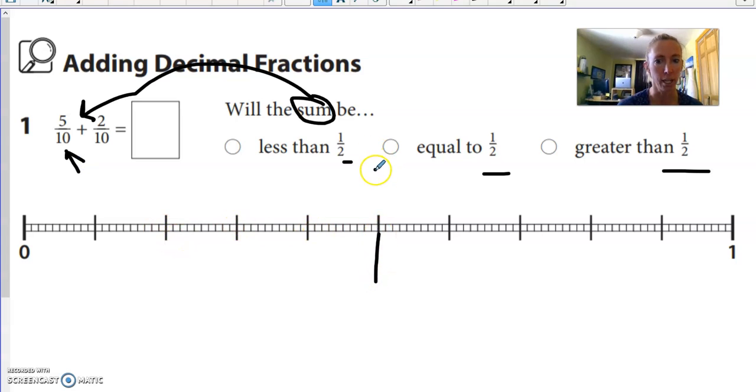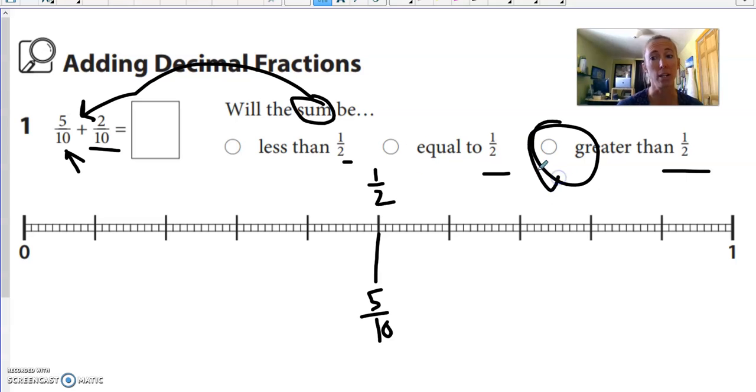And 5/10 is actually the same thing as half. That's half a dollar. That's 50 hundredths. And I'm going to be adding to that 2 more tenths. So I know it's going to be greater than a half. So 5/10 and then go 2 more tenths. Boom, I'm right here. I am at 7/10.